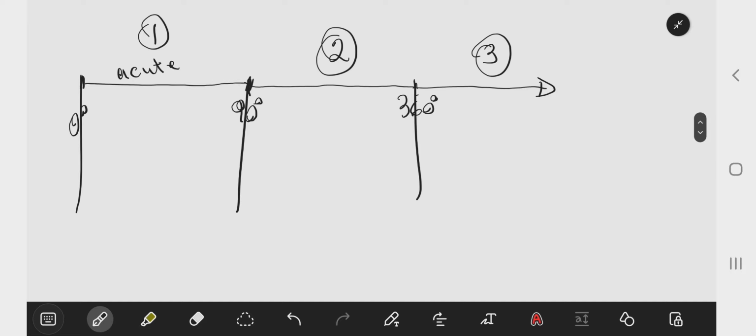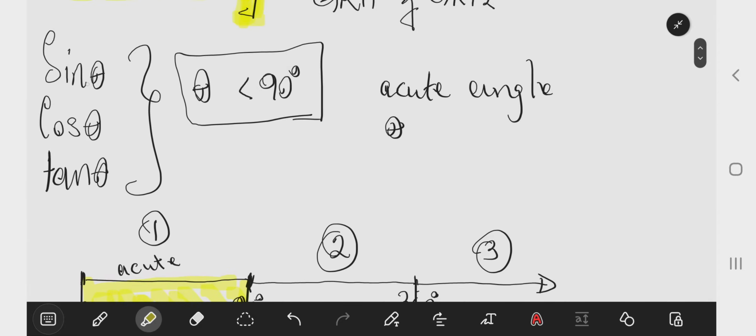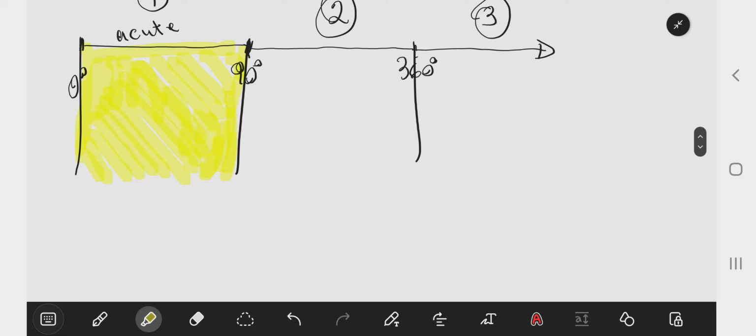So now, as I said, we want to operate within region number 1, okay? We want all our angles to be in this region in order for us to evaluate the ratios of the trigonometric functions, which are sine theta, cos theta, and tan theta, right?